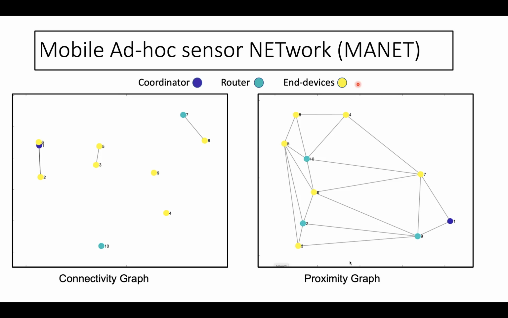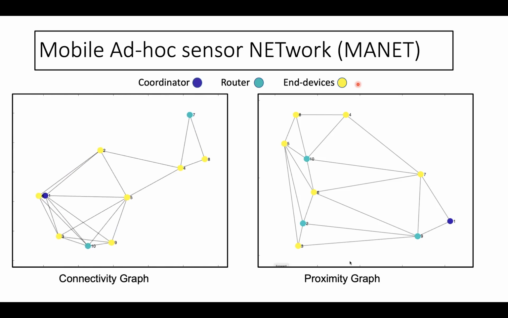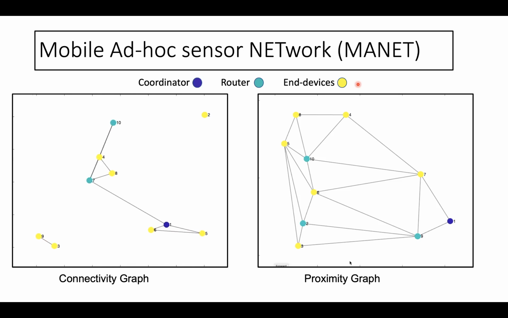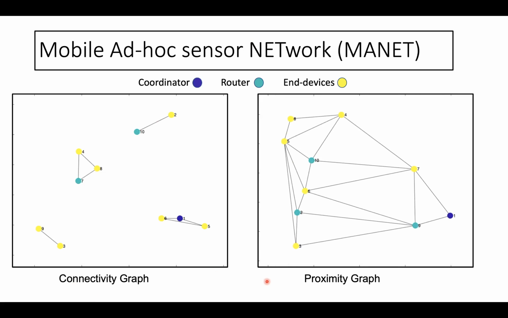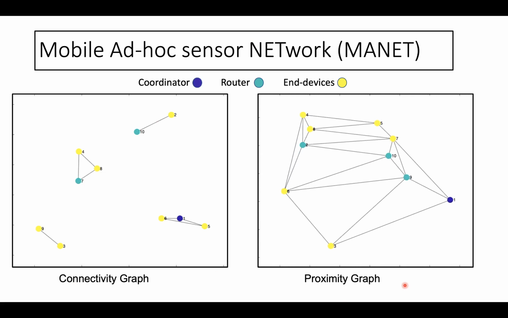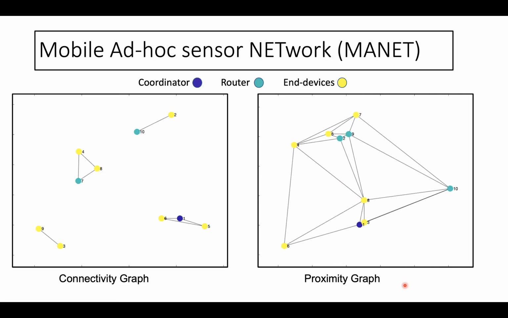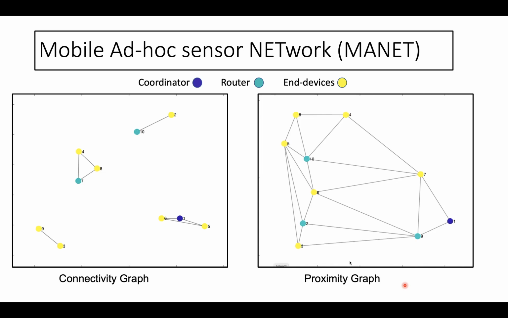As you remember, we have seen two different possibilities of graphs considering this sensor network. Now you are seeing the evolution in time of the connectivity graph, and on the right instead you see the evolution in time of the proximity graph. When you have very few nodes, the connectivity graph can have many nodes that are not connected.